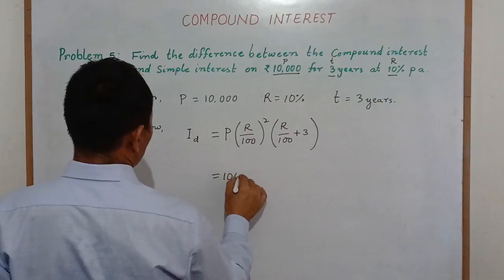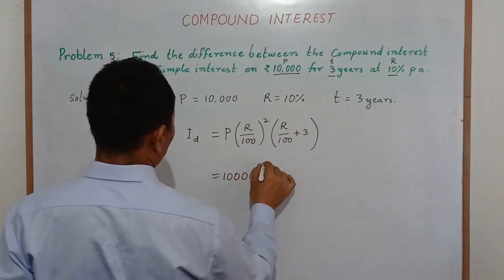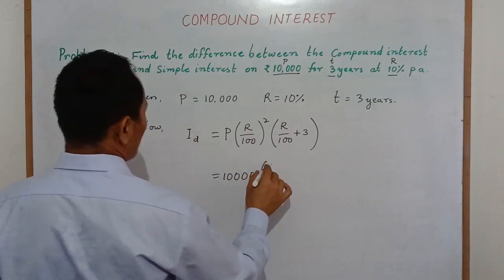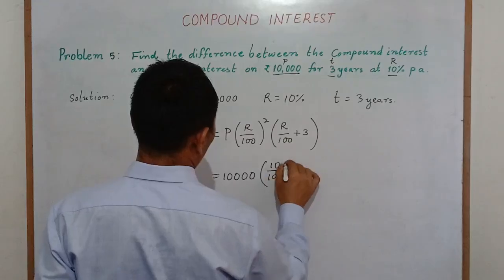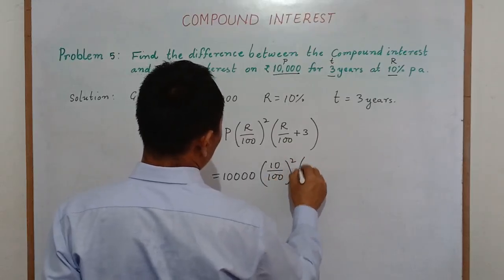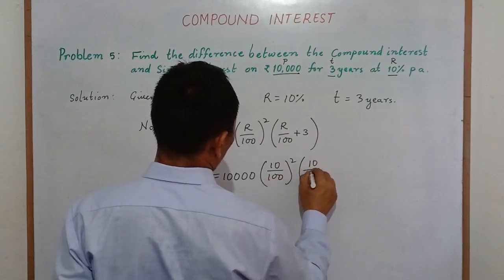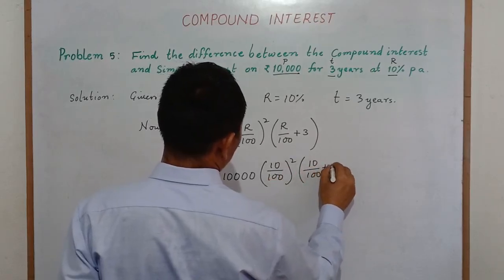So P is 10,000, R square is 10 by 100 whole square, and then 4 into 10 by 100 plus 3.